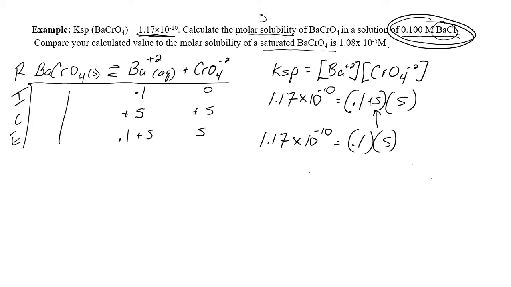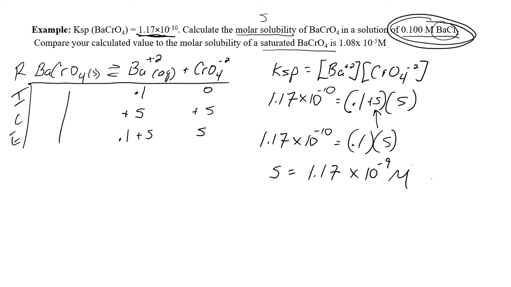And we can solve for S, and we get 1.17 times 10 to the negative 9th molar. That's the solubility of barium chromate in a solution that already has a 0.1 molar barium ion concentration.